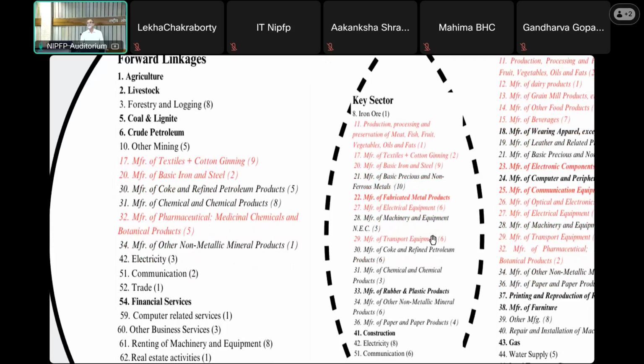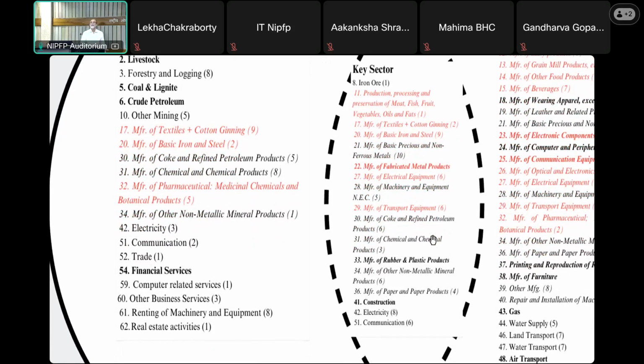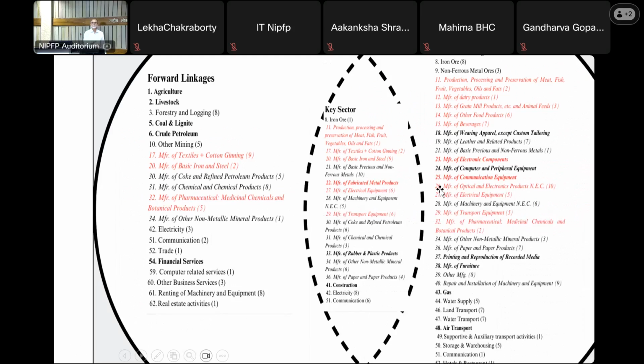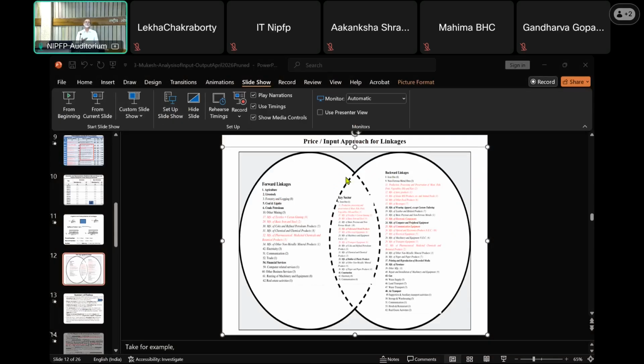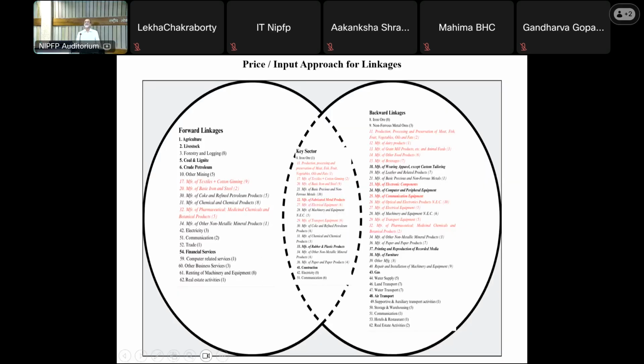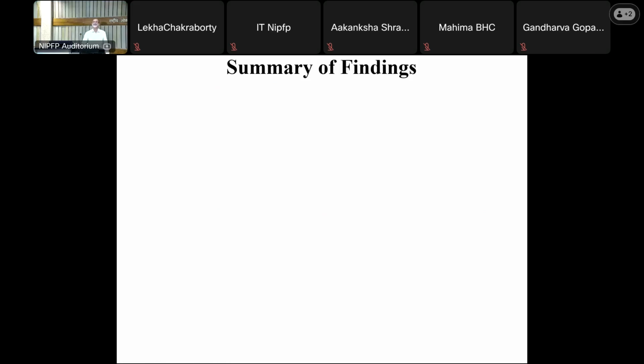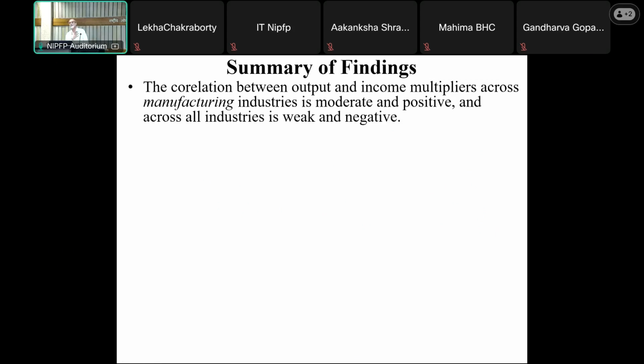And what we find is that in the case of the manufacturing sector, the summary of my findings is that the correlation between output and income multipliers across the set of manufacturing industries is moderate and positive.